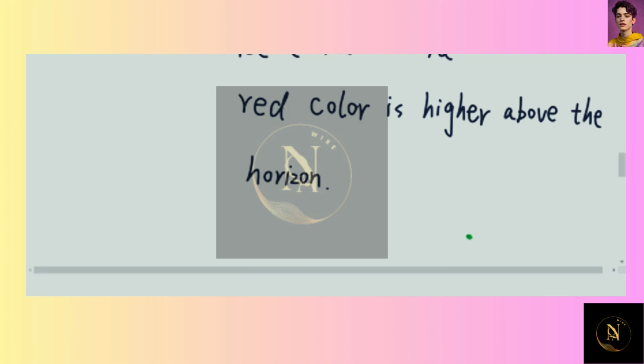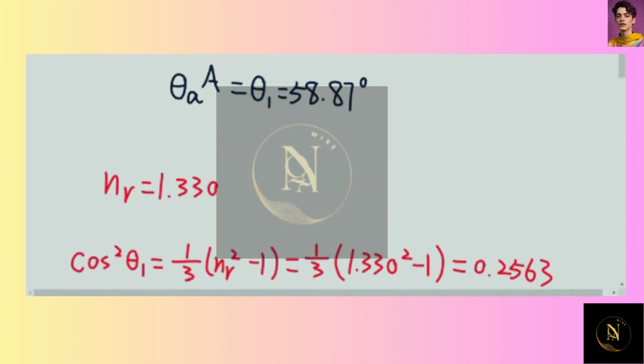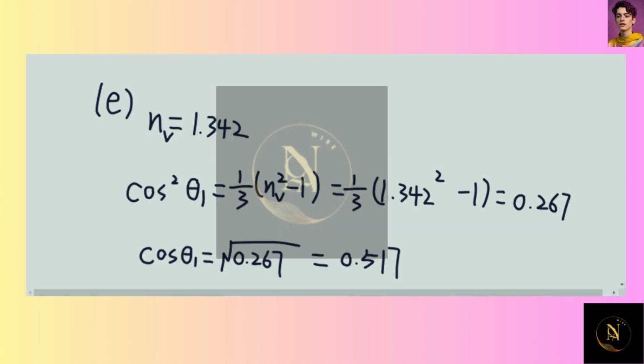For the last question, we know that the refractive index of water for violet light is equal to 1.342. So therefore, we have cosine squared theta 1 is equal to 1/3 times n_v squared minus 1.